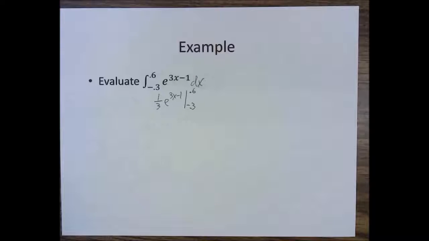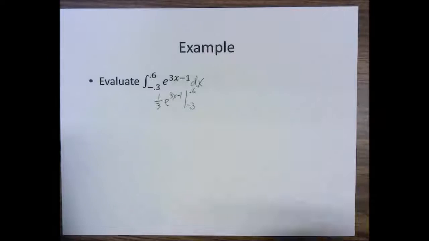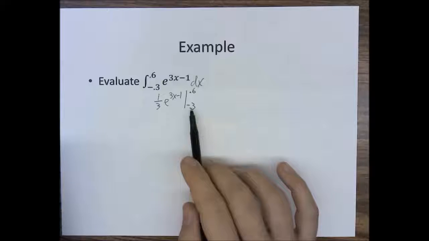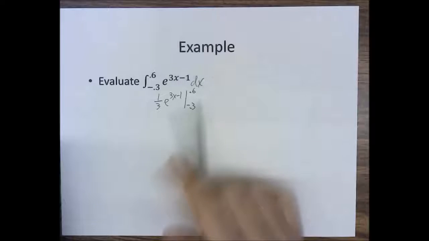So then just plugging those in, make sure you are being careful when you are plugging this into your calculator, because there are a lot of ways that you can mess this up. So we plug in 0.6 first.